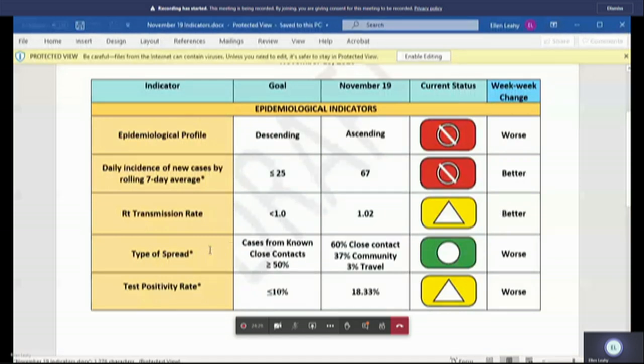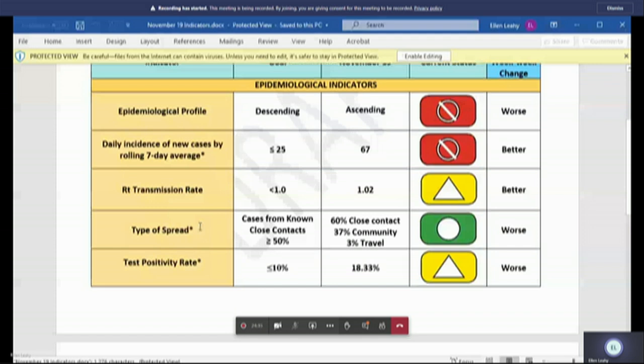We are holding pretty well, but seeing some movement in the last week, a little bit of worsening on the other metric that is important to watch, and that is the percentage of cases that are identified as having been exposed by a known case. So the close contacts, so the case management, case investigation, contact tracing.